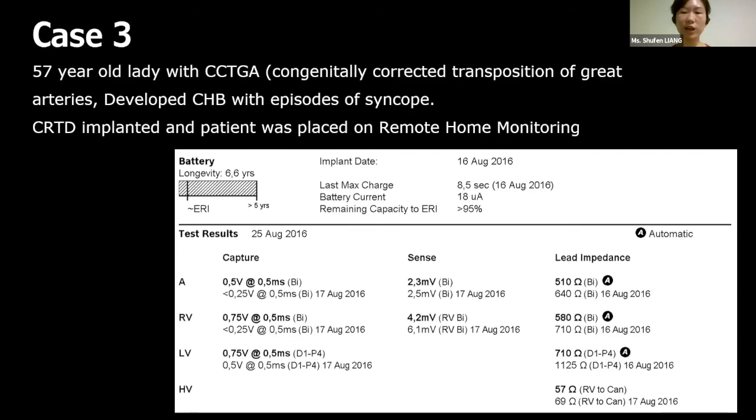So this is the check that she came in for post-implant, and everything looks very good, right? You have your atrial capture here, which is all very good output, low. The sensing is not too bad for a congenital heart disease heart, and the impedances are all within range.